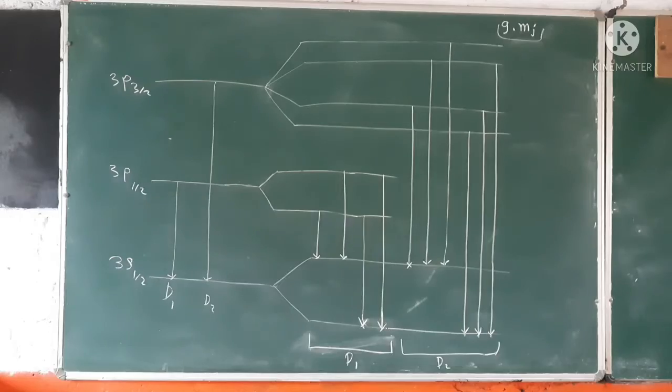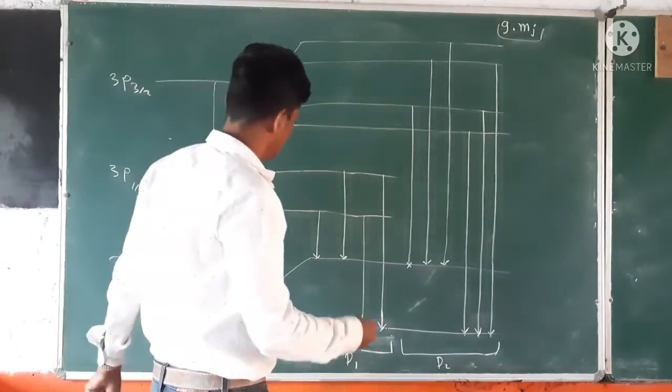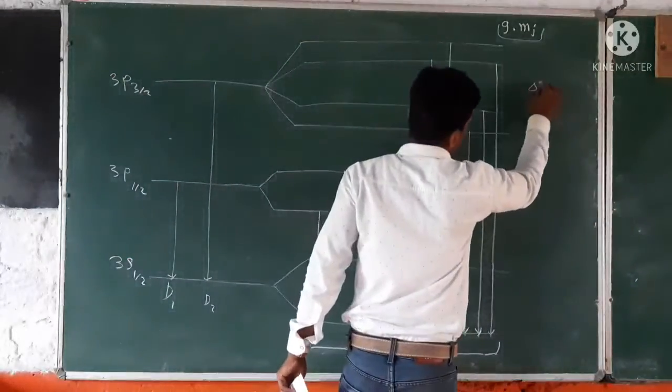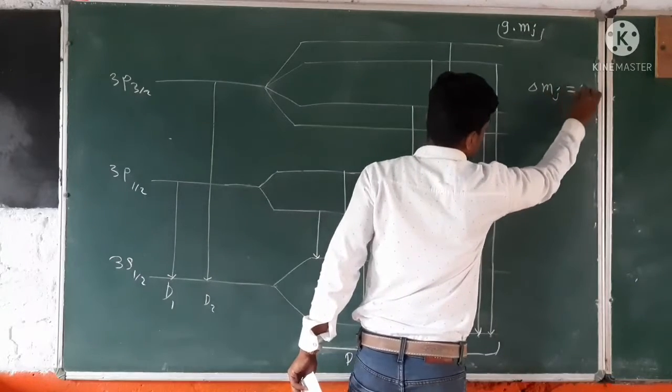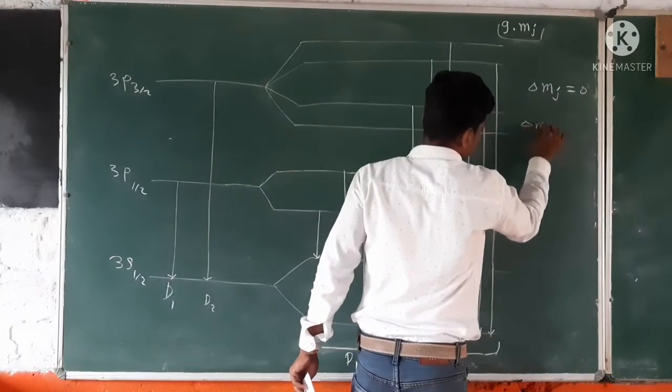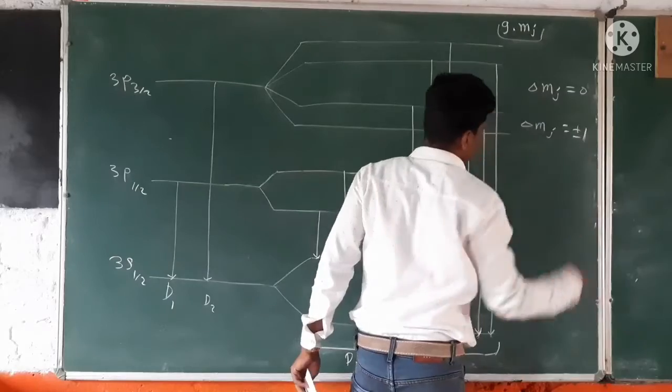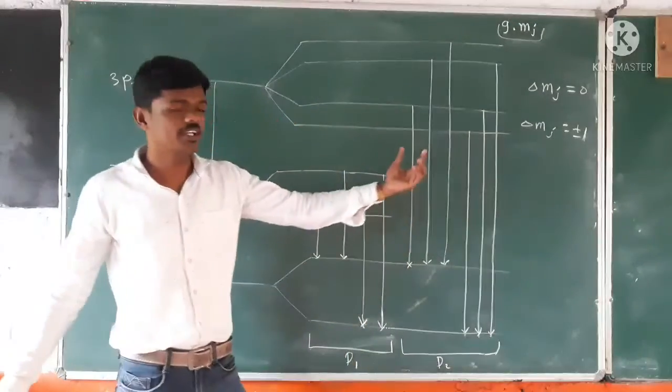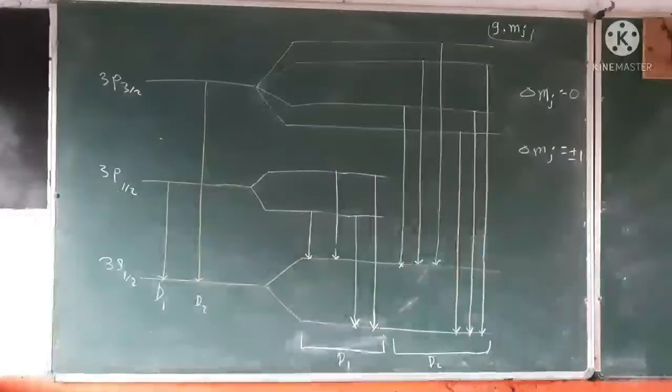Now, there is a selection rule: delta m_j equals 0, and delta m_j equals plus or minus 1. These are the two selection rules for these transitions.